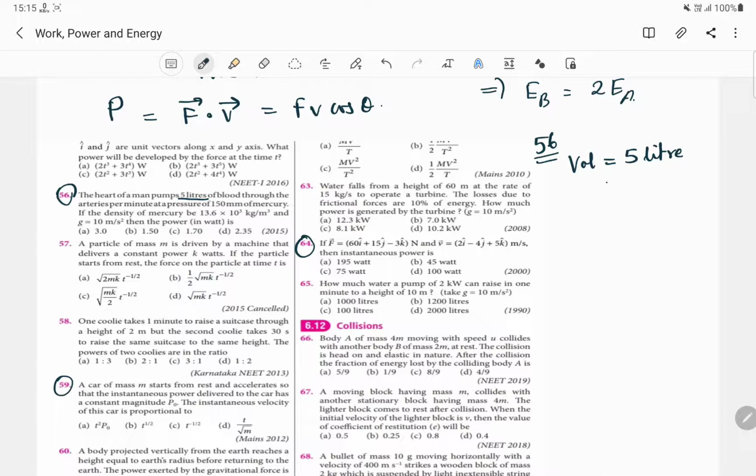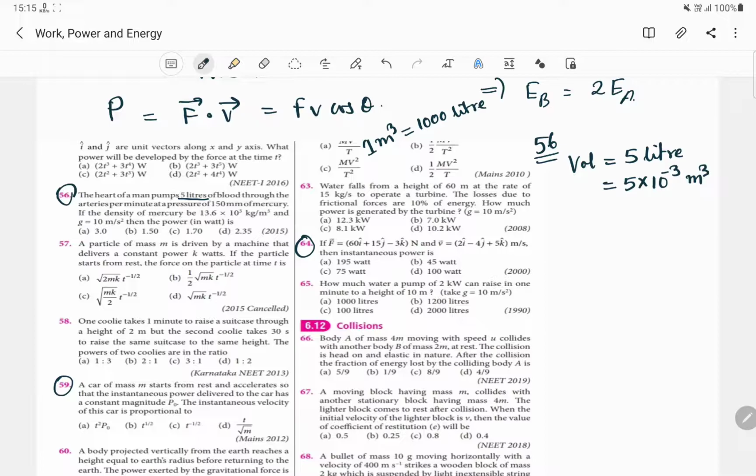In order to convert this in terms of meter cube, which will be the standard unit, it will be 5 into 10 to the power minus 3 meter cube. Remember this relation, that 1 meter cube will be equal to 1000 liter. This is very important. You should remember this. 1 meter cube of volume will be equivalent to 1000 liter. Okay, so volume is given.